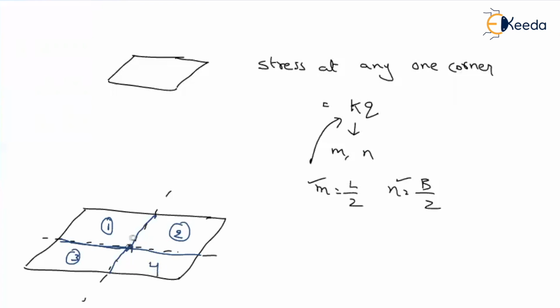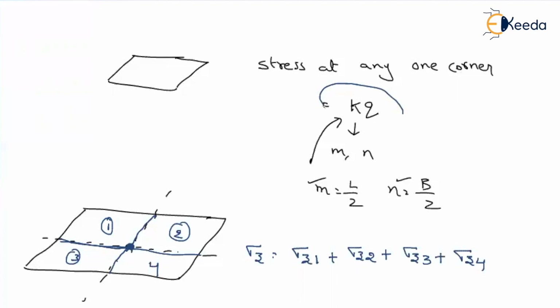If I talk about stress at this point, it will be equal to the stress at that point because of rectangular area 1, plus because of rectangular area 2, plus area 3, plus area 4. That means this point is the corner for all these 4 rectangles. That's why, if we add the stress because of all these 4 rectangles, that will be our stress at the corresponding point P.